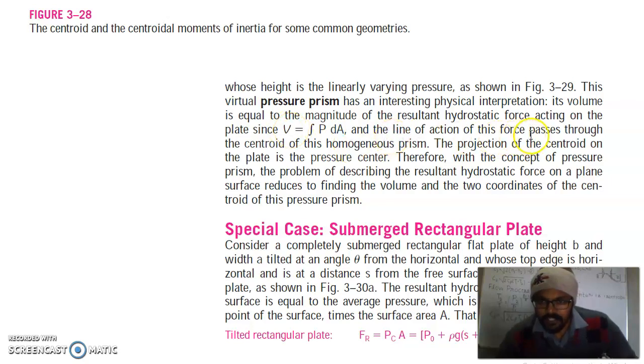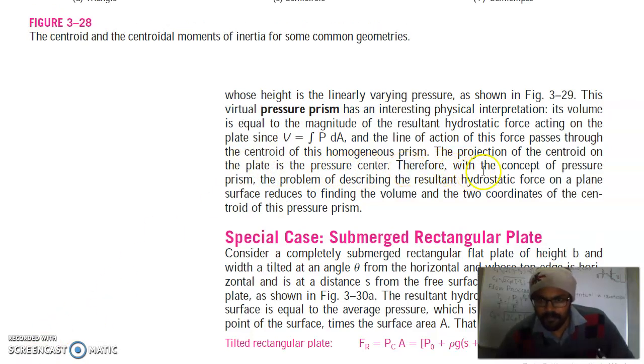The line of action of this force passes through the centroid of this homogeneous prism. The projection of the centroid on the plate is the pressure center. Therefore, with the concept of the pressure prism, the problem of describing the resultant hydrostatic force on a plane surface reduces to finding the volume and the two coordinates of the centroid of this pressure prism.